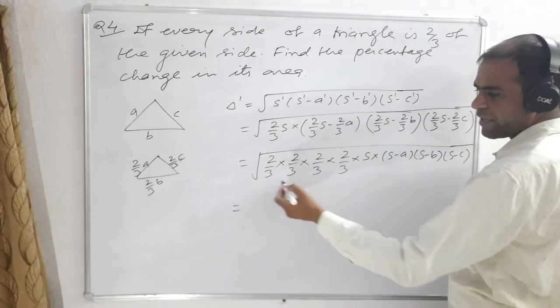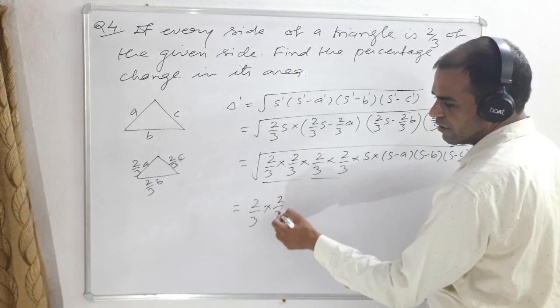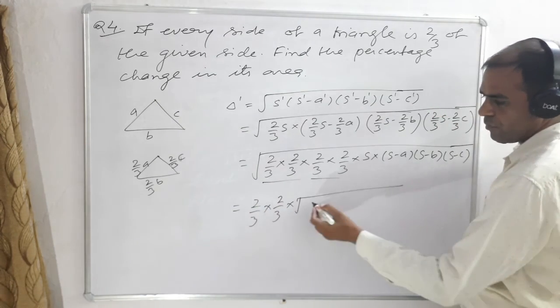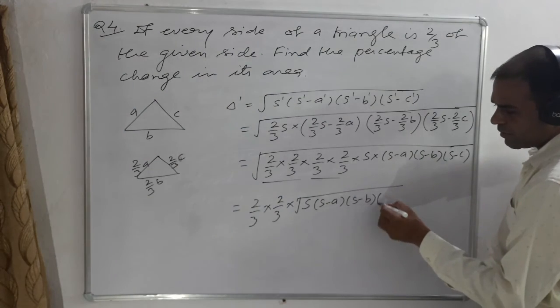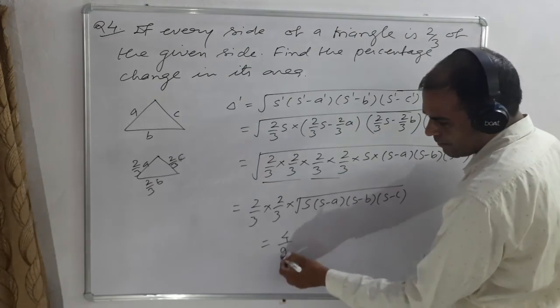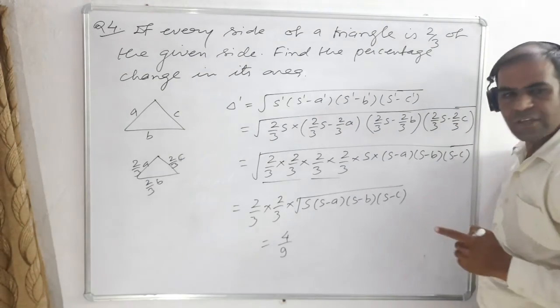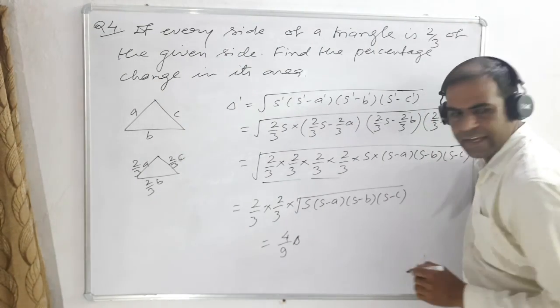Here we will make the pair, these two pairs. So 2 by 3 and 2 by 3 come out from the square root, and the remaining is S, S minus A, S minus B and S minus C. This is the 4 by 9 and this value is equivalent to the area of the given triangle, which is del.